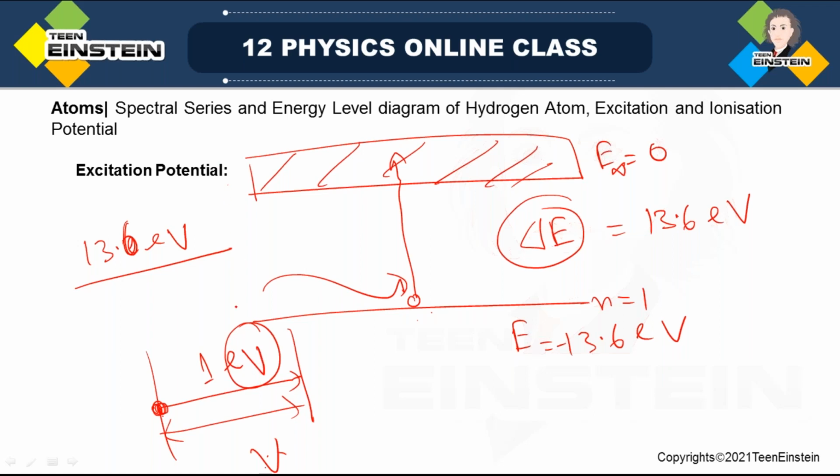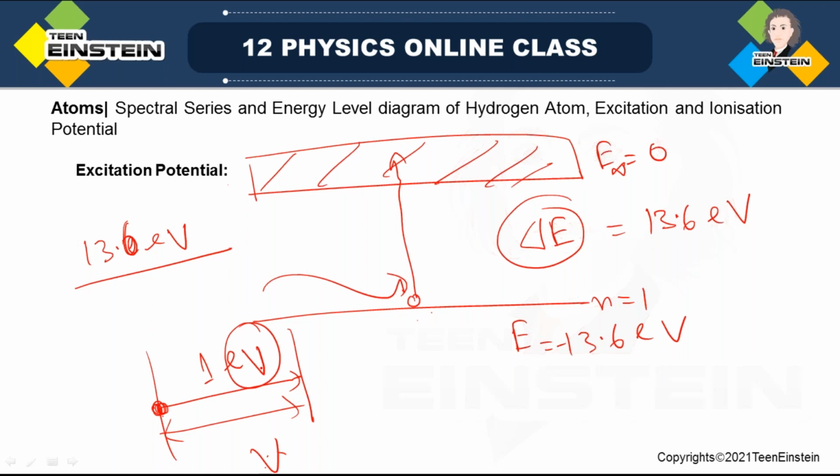That means ionization potential is that minimum potential which is required to knock an electron completely out of the atom. And excitation potential is that accelerating potential which gives a bombarding electron sufficient energy to excite the target atom by raising one of its electrons to a higher level.